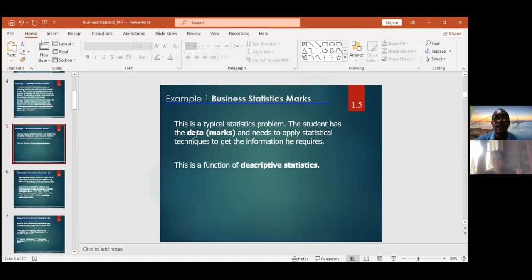The student has the data, which is the marks, and needs to apply statistical techniques to get the information he requires. So this can be answered by using descriptive statistics. I'm sure later on in the course of this class, the lecturer will show you how to use Excel to do simple descriptive statistics. Simple click, click, click, you can get the statistics.